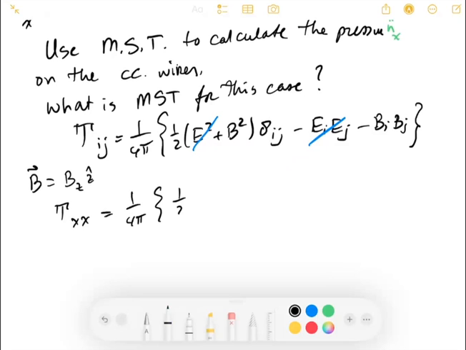There's a 1/2. Now, when i and j are both x, that delta says it's the delta of xx, so that's 1. So that term survives, and it's B squared. And it is, in fact, the z component of B squared. So this is B_z squared because B is along z.